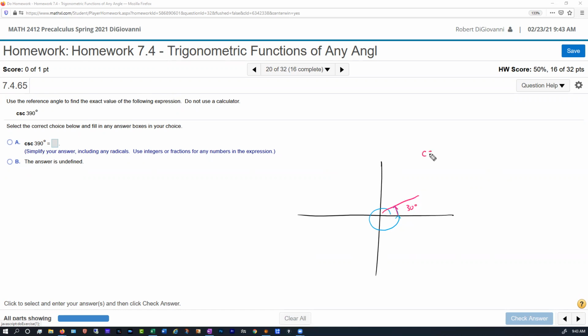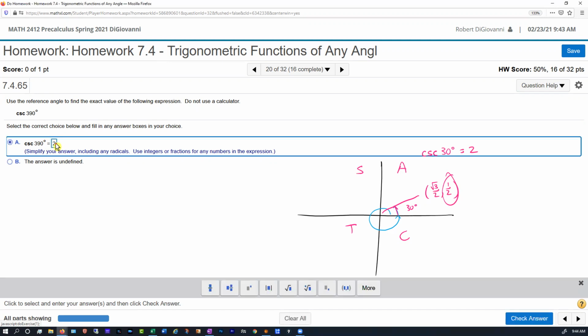So we want to know what cosecant of 30 degrees is. The point here is √3/2, 1/2. Cosecant is the reciprocal of sine. Sine is the y coordinate, so this should just be 2. And also we are in the first quadrant, so all the trig functions should be positive. So we should get 2.